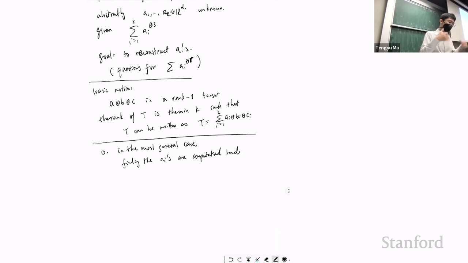Actually, there are several layers here as well. If you want to discuss the details, in the very worst case, the decompositions are not unique. You don't have a unique decomposition. And when the decomposition is unique, there are also cases where you cannot find it in a computationally efficient way.